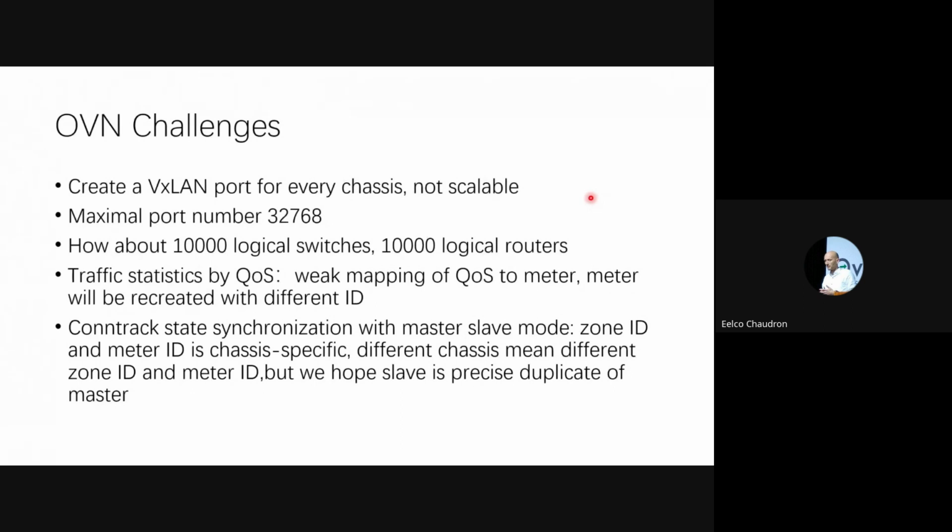Meter ID has the same issue. Our requirement is that we can precisely duplicate master to slave: same zone ID, same meter ID for the same SNAT, same DNAT, and same QoS.